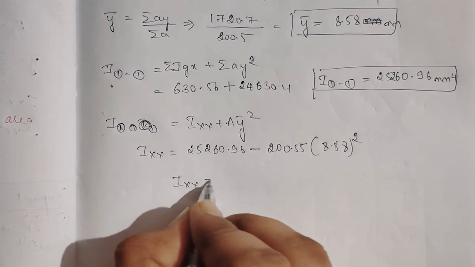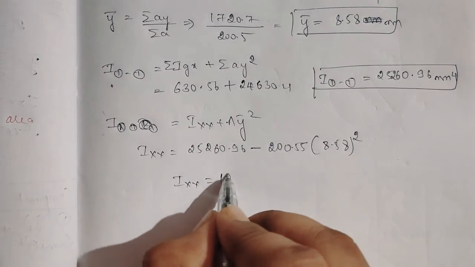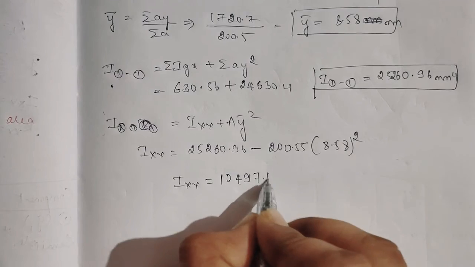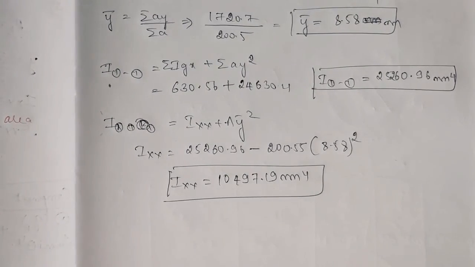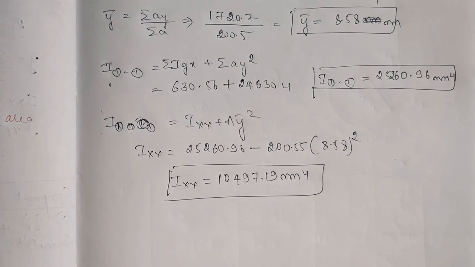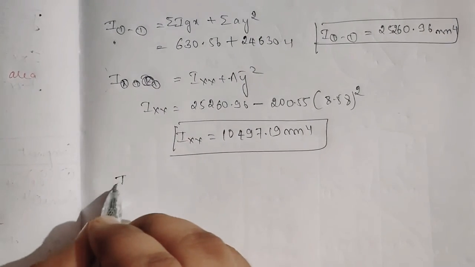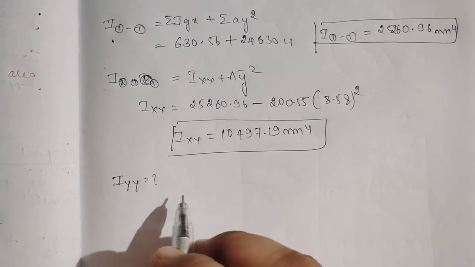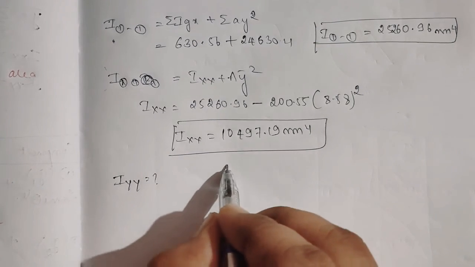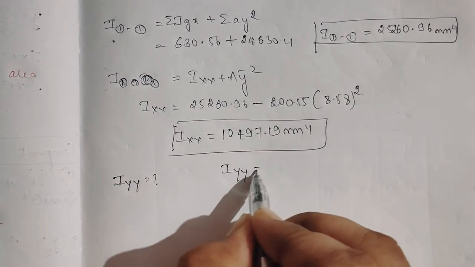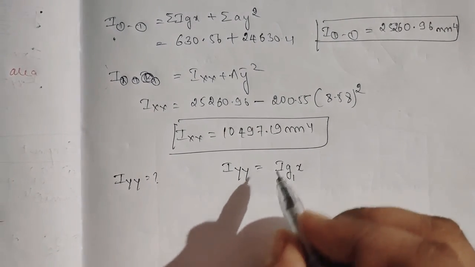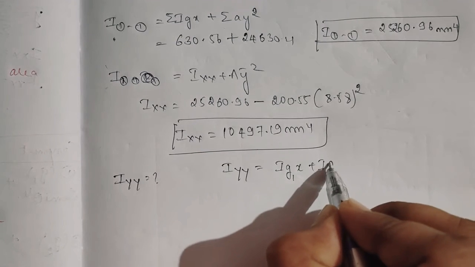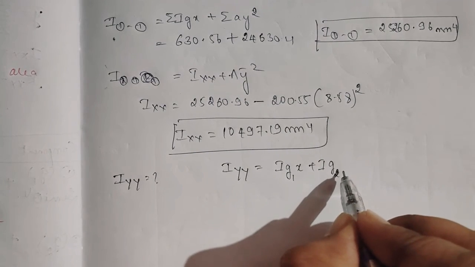So I'll get the value for Ixx as 10497.19 mm to the power of 4. So this is the value of Ixx. Now I need to find Iyy. To find Iyy, Iyy is nothing but I of G1 about y plus I of G2 about y.